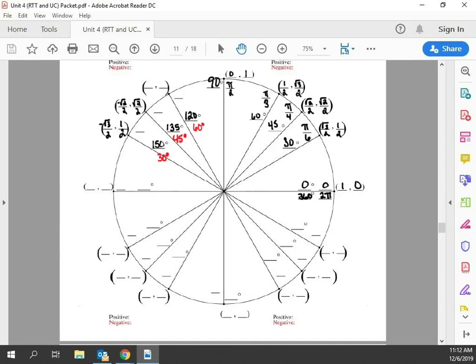Negative, comma, positive, square root of 2 over 2. It's a duplicate of it, except now we're just adding negatives for all the x values, aren't we? So that means 120 ends up being negative 1/2, comma, root 3 over 2.